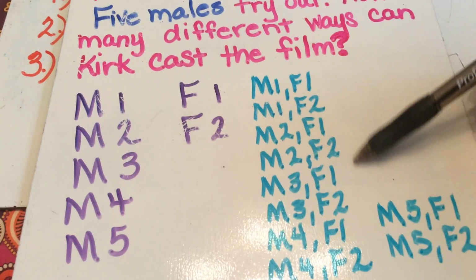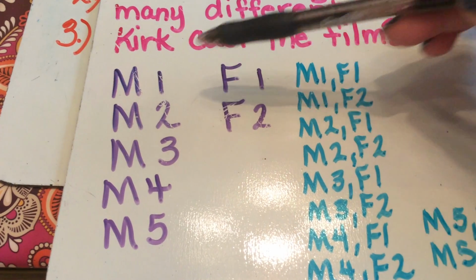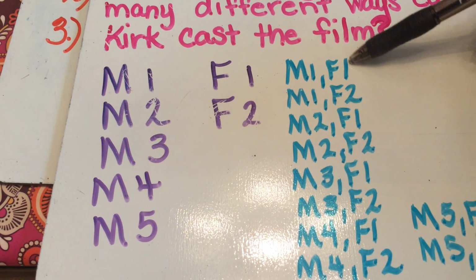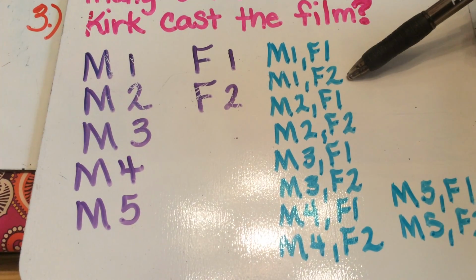So let's make a list of the possible outcomes. It could be male 1 and female 1, or male 1 and female 2.